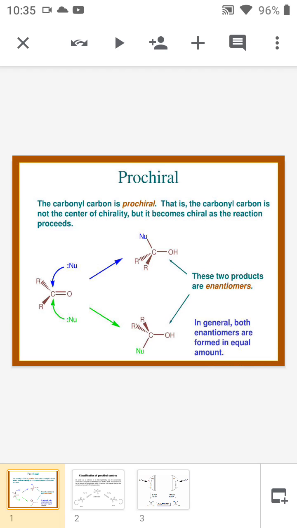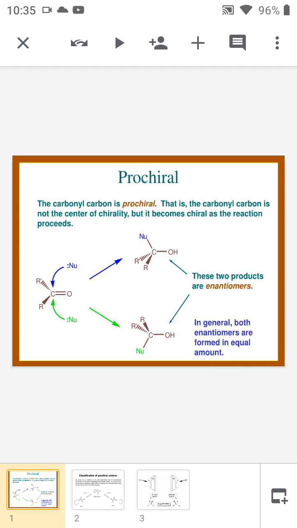Pro means before, chiral means it is a chiral molecule. So prochirality means before chirality. The carbonyl group is actually not a chiral center, but we can convert it into a chiral center by adding the nucleophile on the top or the bottom.